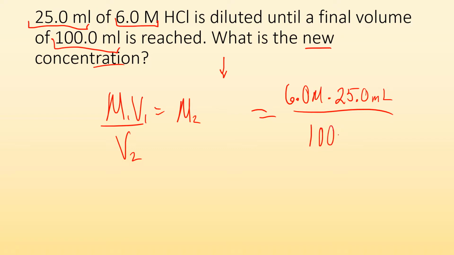And now you'll see why it doesn't matter that I didn't convert it to liters because I'm dividing by milliliters. So milliliters cancel out and I'm left with the molarity. So when I do this math, 6 times 25 divided by 100, I get 1.5 as my molarity.